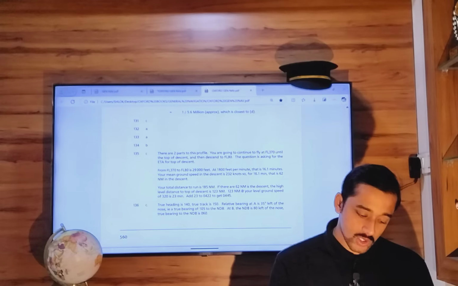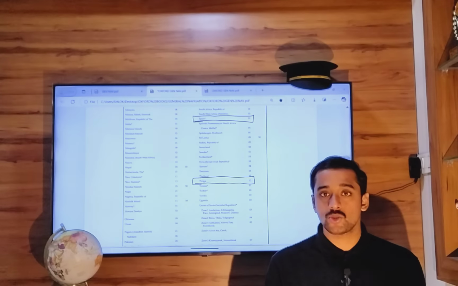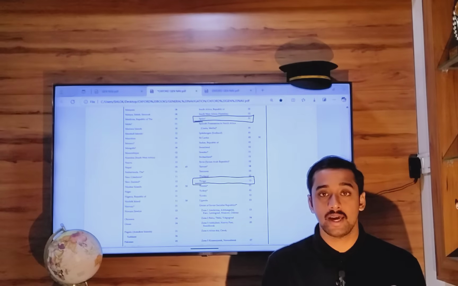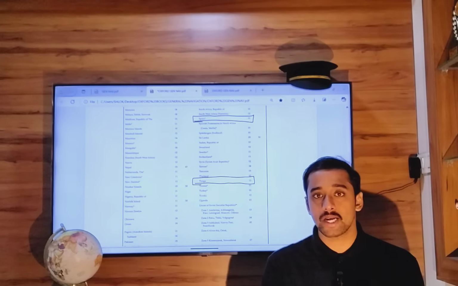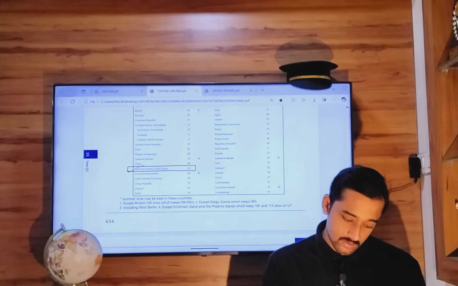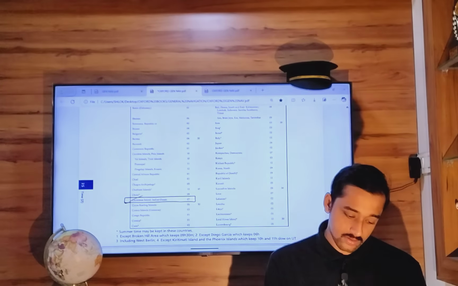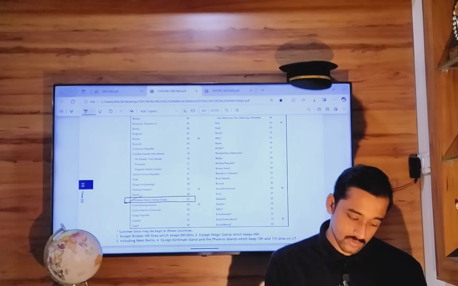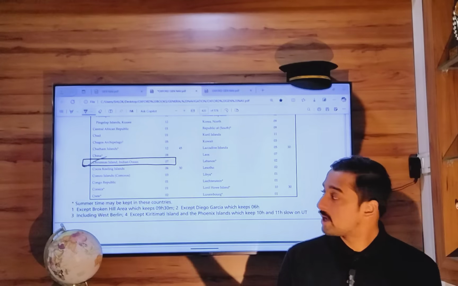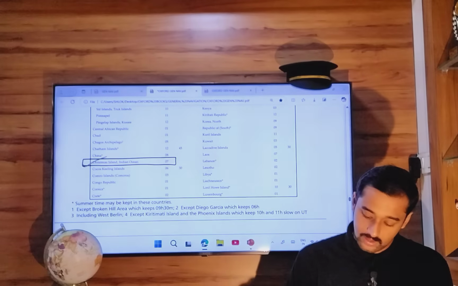So we will make use of table number 1 because it has a list of places which are to the east of the prime meridian and hence ahead in time compared to UTC time. So Kuwait, okay, over here. So Kuwait is 3 hours ahead of UTC.